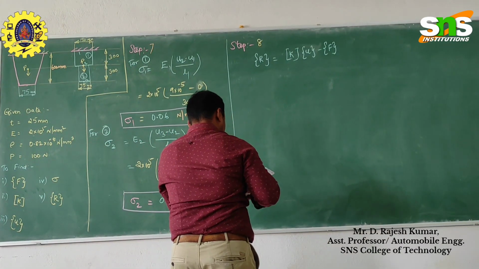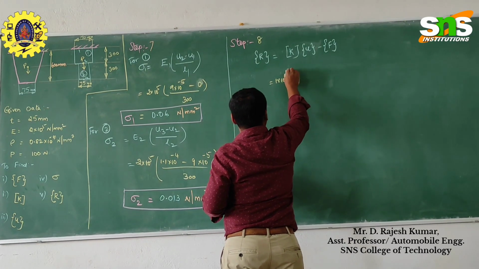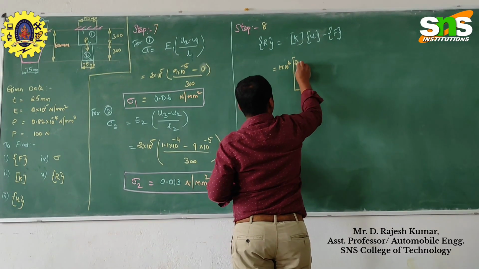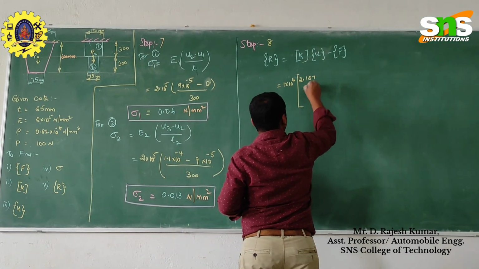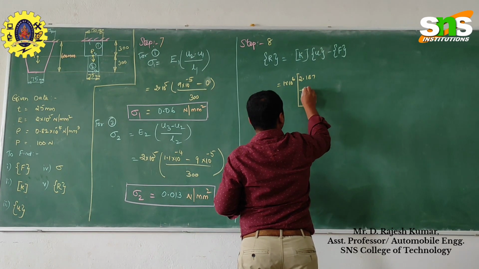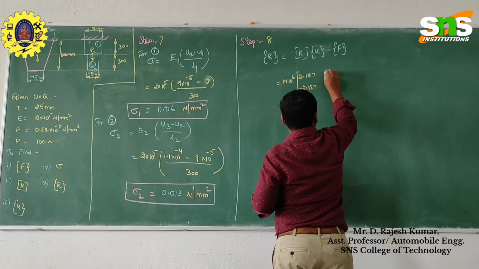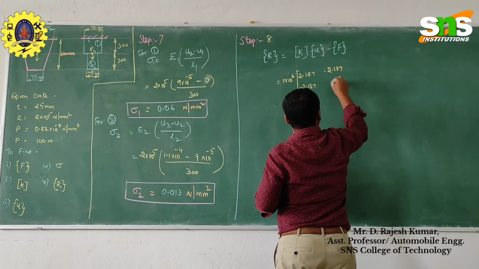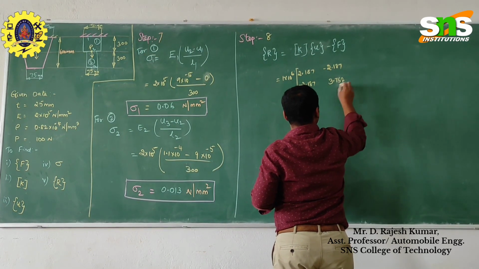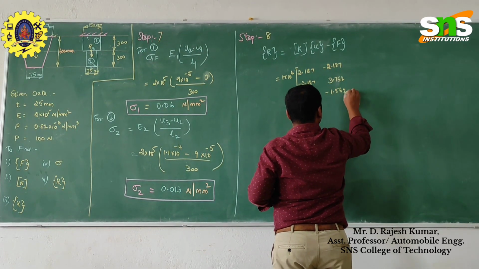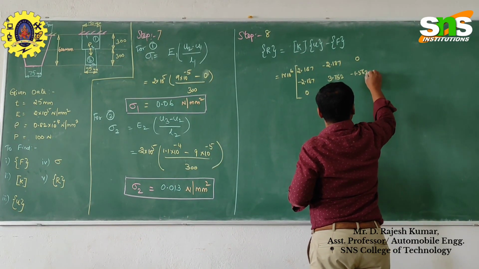The stiffness matrix I have found is K equal to 1 into 10 power 6 times the matrix with entries 2.187, minus 2.187, 0, minus 2.187, 3.752, minus 1.562, 0, minus 1.562, 1.562.